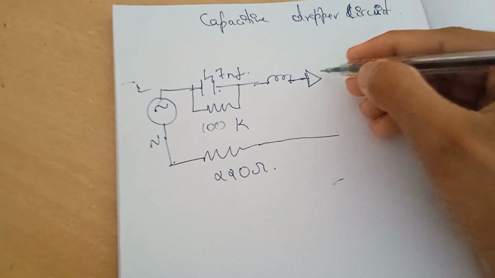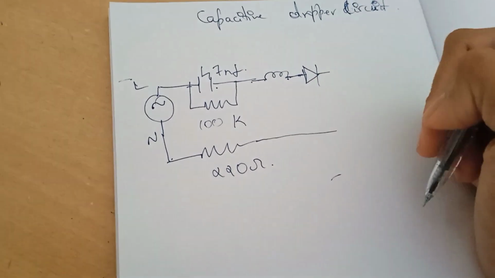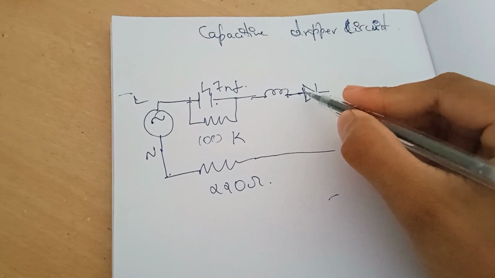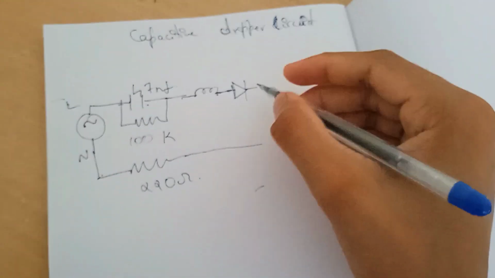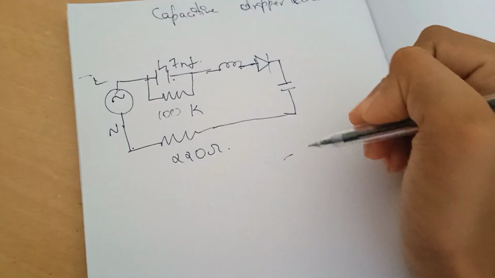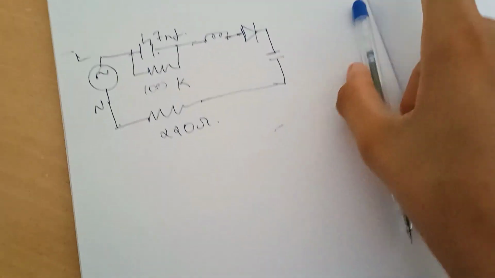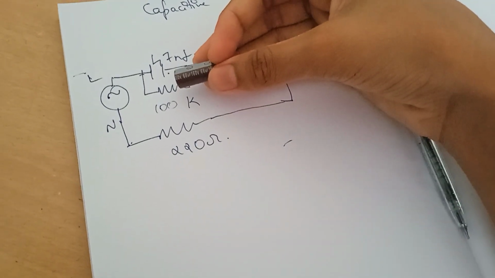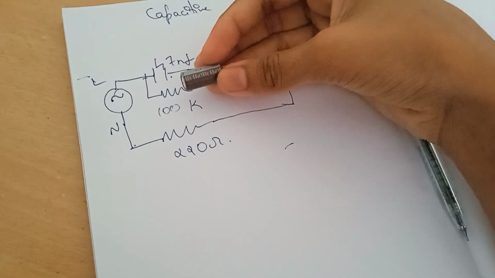But here comes a diode. I'm using a single diode to make a half wave rectifier. I'm not that interested in a full bridge. And here comes an electrolytic capacitor. Let me show you that. It is rated for 160 volts and it's a 68 microfarad capacitor.